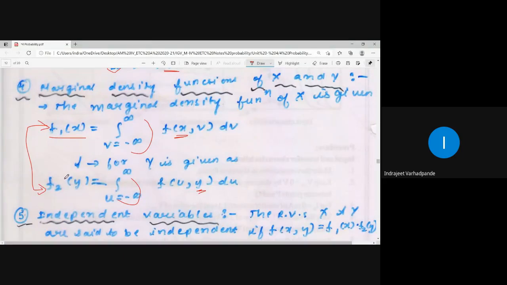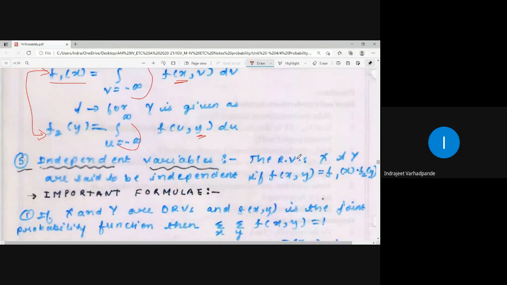Marginal density function and marginal distribution function are the answers which are obtained in the variables x and y. So this is how we will be calculating the marginal density function for x and y when the distribution function is not provided.